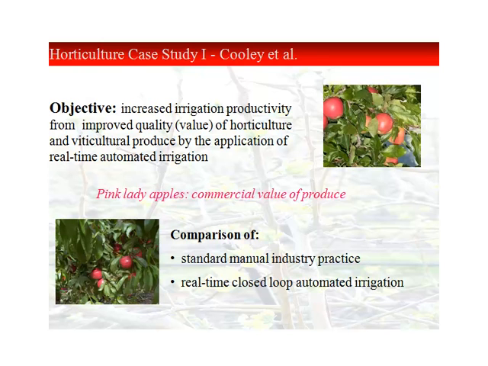In this case study, we selected Pink Lady apples and looked at their commercial value of produce. A comparison of standard manual irrigation practices was conducted and compared to a real-time closed-loop automated irrigation.